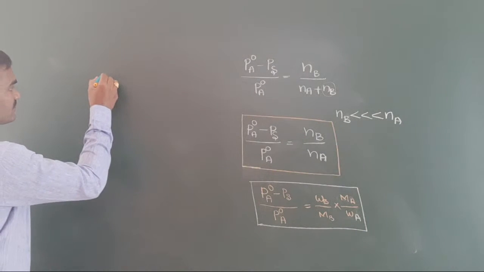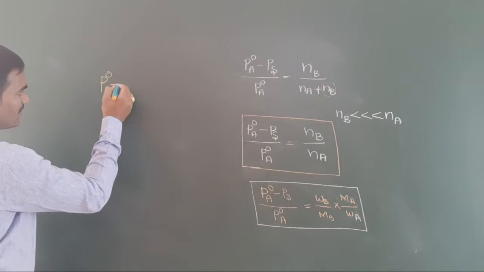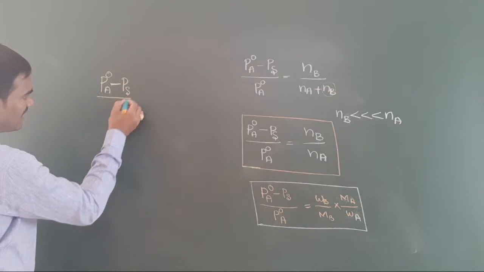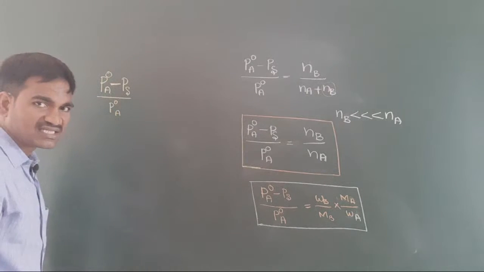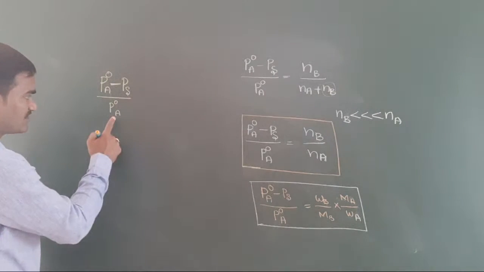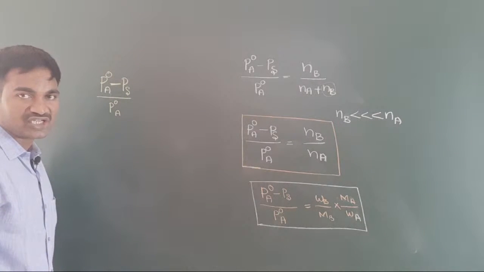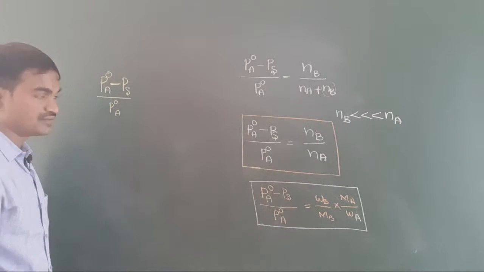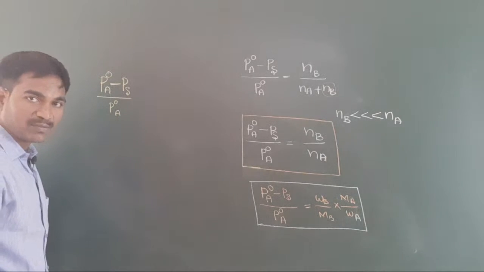Here, (P naught A minus PS) by P naught A. P naught A means the pure solvent vapor pressure. PS means the solution vapor pressure after addition of non-volatile solute. So this whole thing is the relative lowering of vapor pressure.